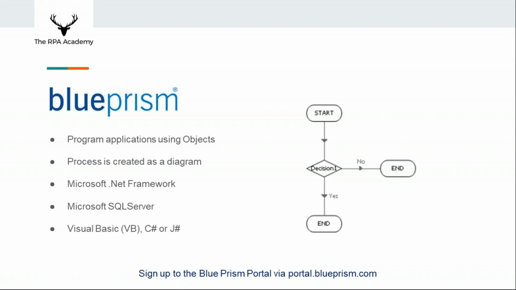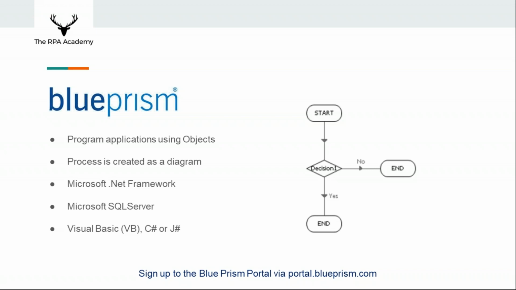Right. It's based on the Microsoft .NET framework. That's what sits in the background. It bases its automations on that. In terms of the database, it's a Microsoft SQL Server database that it uses. And like I said before, you don't have to be very technical.